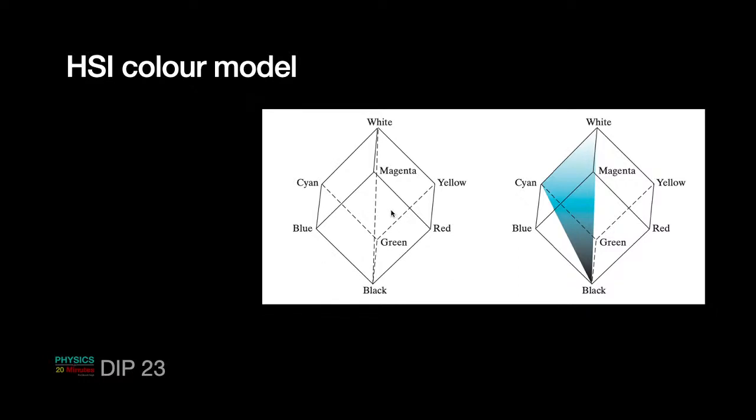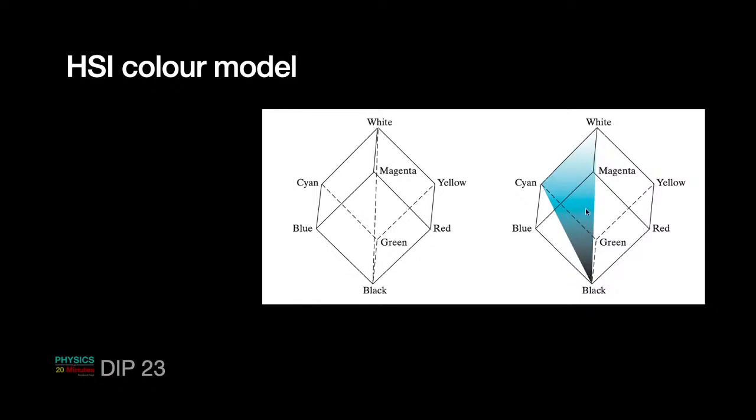But remember, as you go up, it is reaching towards white. That means the pure hues are there at the corners, but as you go up, they become less saturated. As you go down, the intensity drops to black. So you can see that this can be used to design our HSI color model.